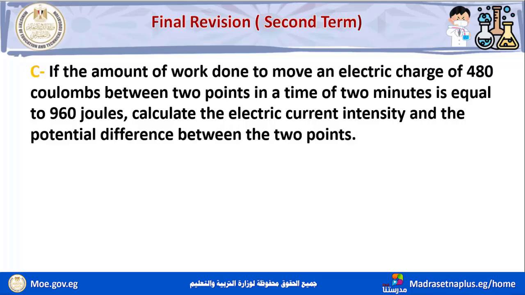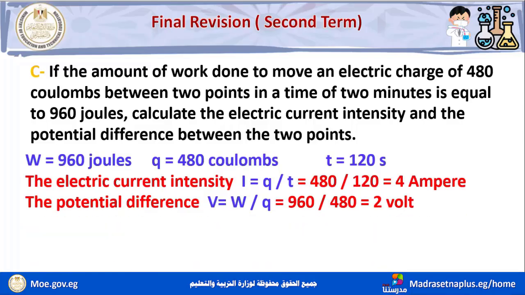Letter C, if the amount of work done to move an electric charge of 480 coulomb between 2 points in a time of 2 minutes is equal to 960 joules, calculate the electric current intensity and the potential difference between the 2 points. Work done equals 960 joules. Electric charge Q equals 480 coulomb.